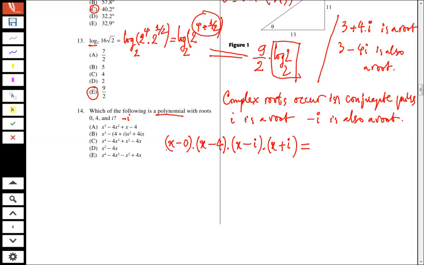And the final step, we just need to multiply all of them together.